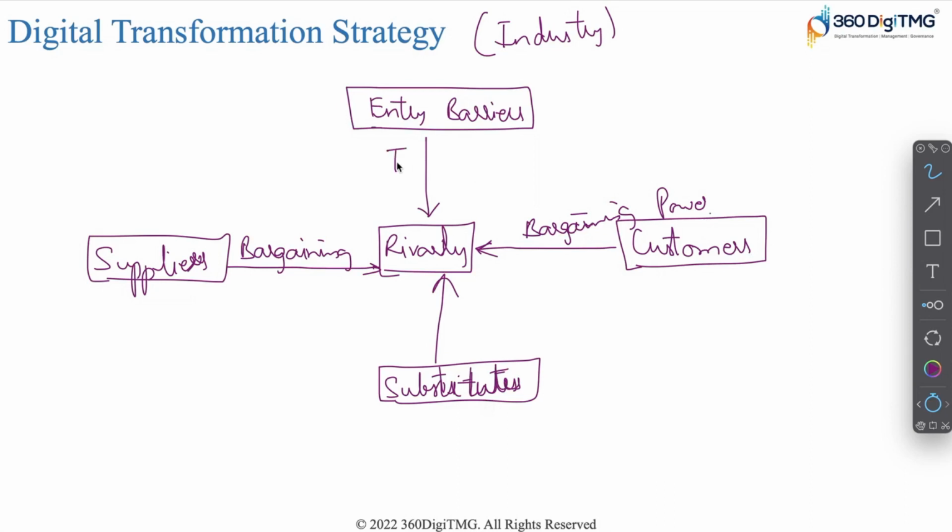And then you look at the threat of entry barriers: who are the new players who might enter into your business? While you want to ensure that there is a high entry barrier, not many people should enter, and low bargaining power for suppliers and customers, and also have an eye on the substitutes.